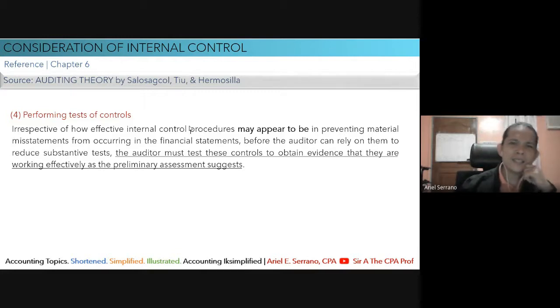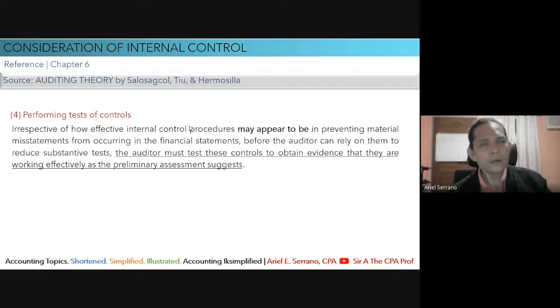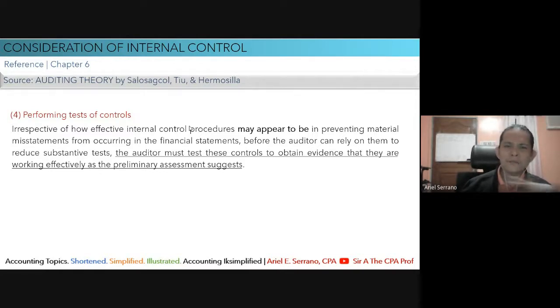Ang target kasi natin is to check whether or not, based on preliminary assessment, mukhang reliable yung controls. I-test natin. Kasi kung reliable yan, pwede nating pababaan yung substantive tests. Pero mukhang reliable. And then after our test of controls, nakita natin na hindi pala siya reliable.